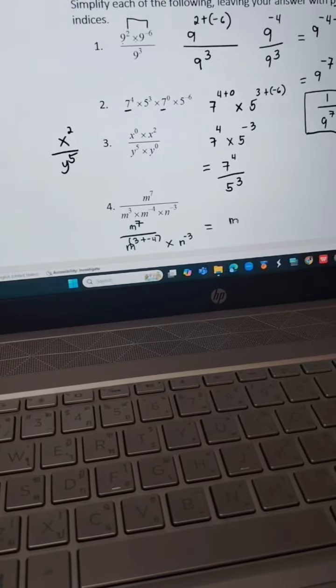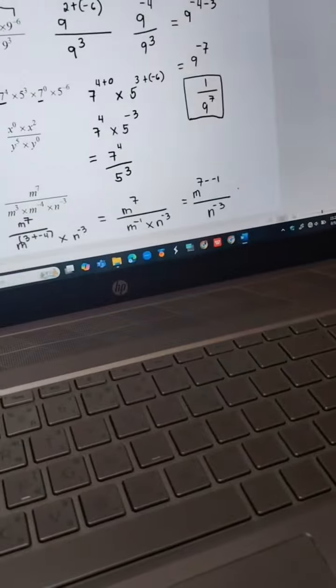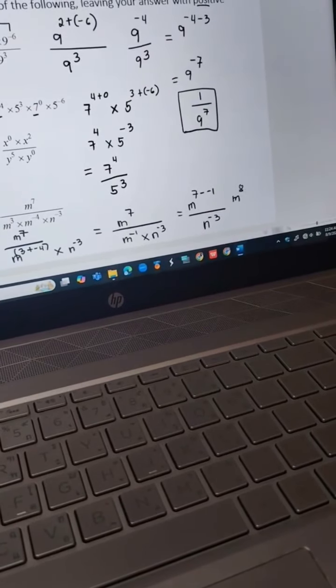Next, just copy: m raised to 7 all over m raised to negative 1 times n raised to negative 3. So we can subtract the exponents of this one. It becomes m raised to 7 minus negative 1, all over n raised to negative 3. So this one becomes m raised to 8.